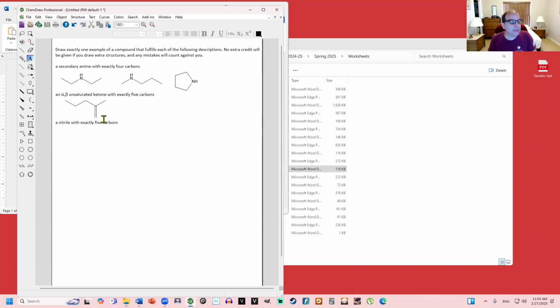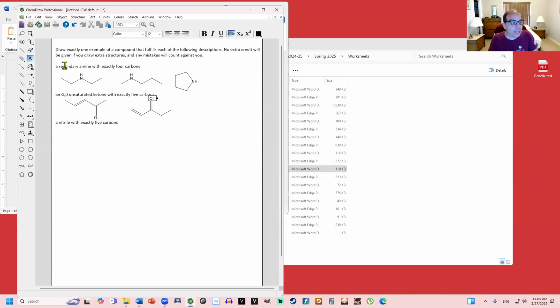We would have our ketone over here and our carbon-carbon double bond over here, but that's certainly not the only correct answer. If you wanted to move that down the chain, and come up with something like this, this would also be completely acceptable.